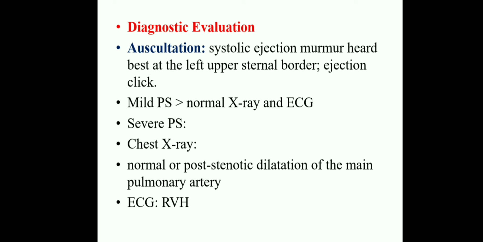If it is mild pulmonary stenosis, the x-ray and ECG will be normal, because the narrowing is very mild and cannot be picked up on x-ray and ECG. If it is severe pulmonary stenosis, the x-ray shows normal or post stenotic dilatation of the main pulmonary artery. Whenever we are checking the ECG, right ventricular hypertrophy we will see.